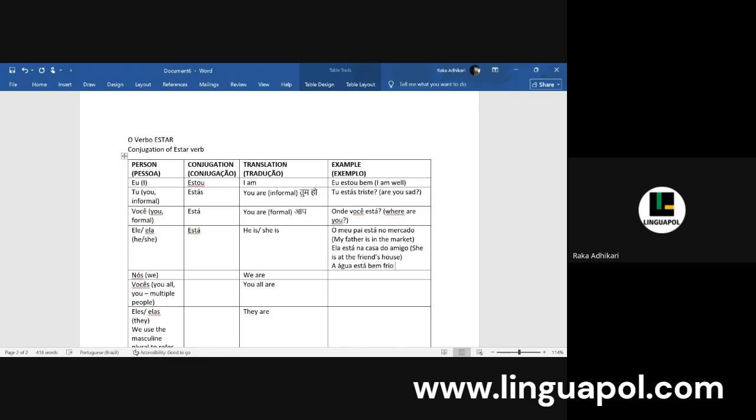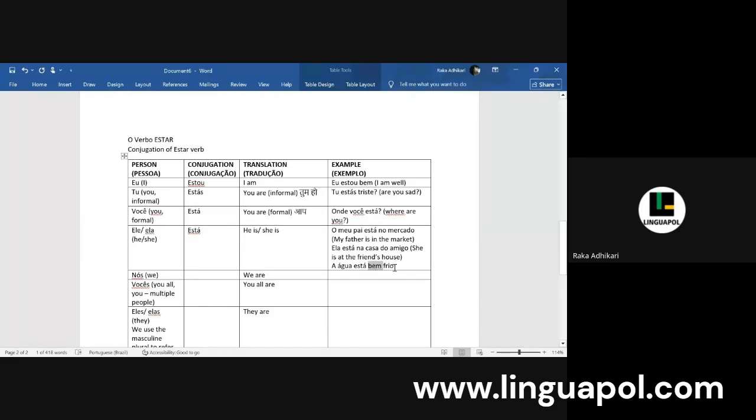More examples. A água está bem fria. It is very cold or it is quite cold. काफी ठंडा, bem frio. Although the word bem means good, but when we use it with adjectives like this, bem frio, it means it's very cold or it is cold enough.